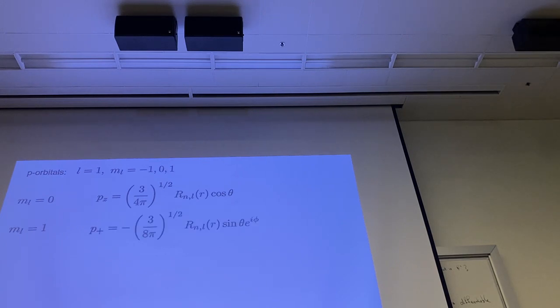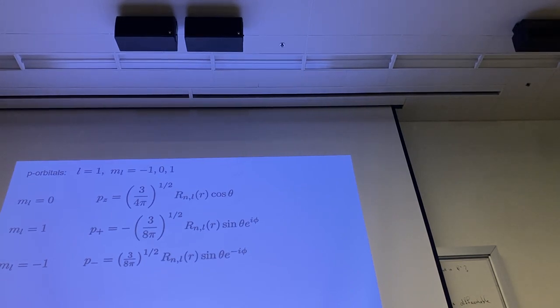If ML equals 1, then this is what it looks like. And if ML is the last possibility, negative 1, then this is what it looks like. So there are 3 expressions. Each one represents an individual wave function. All of them are, in this case, 2p orbitals. One of them I call pz, and you'll see in a moment why. Then the second one is p plus, and the last one p minus.